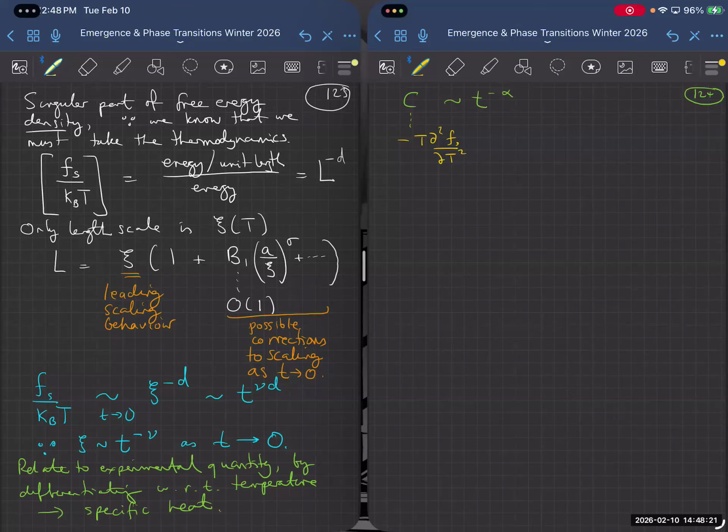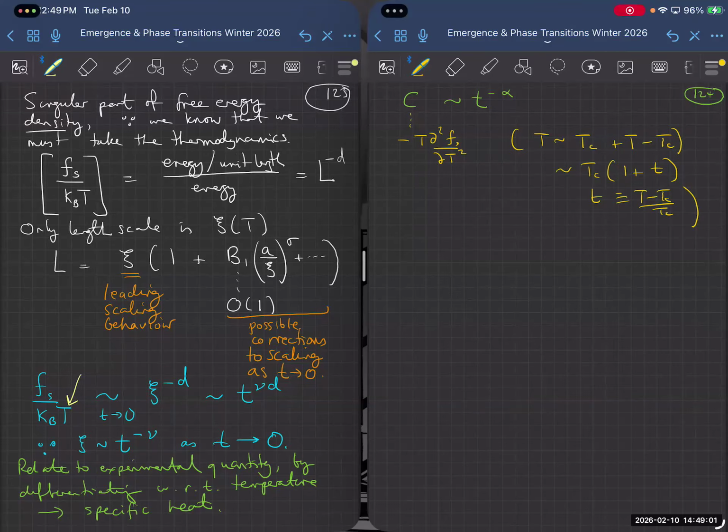And everywhere that you see T, let me just remind you, T is basically Tc plus T minus Tc, and that means that I can replace T by Tc times 1 plus little t, where little t is equal to T minus Tc over Tc. So when I have a factor of T on the left-hand side, to leading order, I can always just replace that T by Tc.